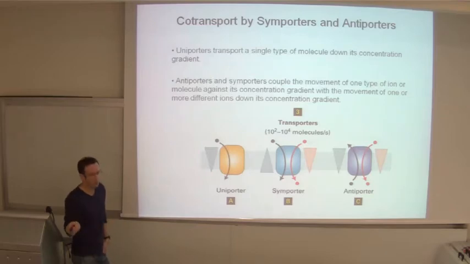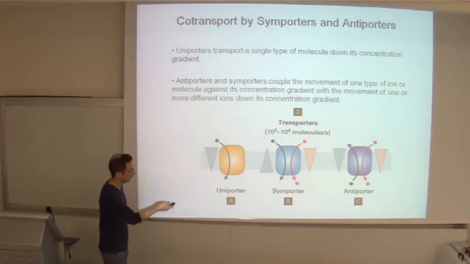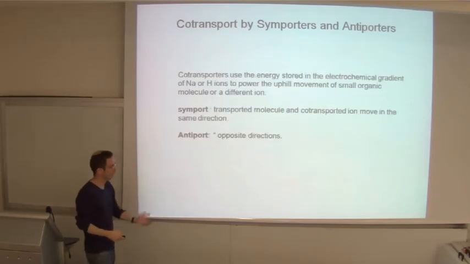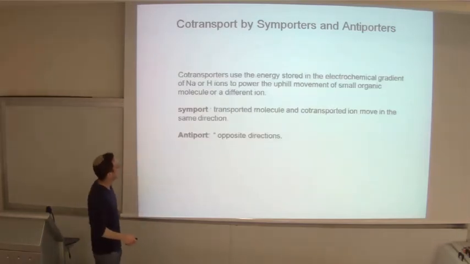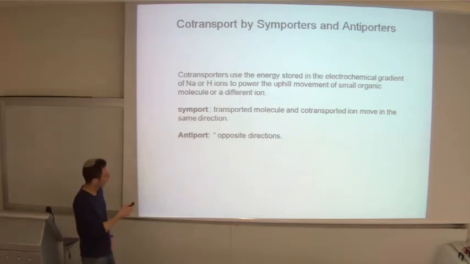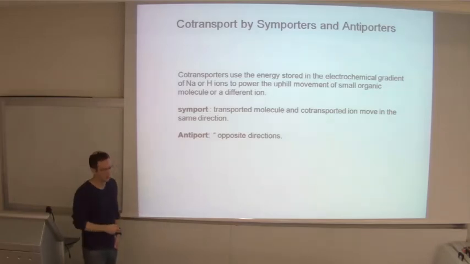Okay, so if the ATP pumps use chemical energy, here we see energy that's stored in the chemical gradient of ions to drive the process. Okay, this is what we've already stated. Symporters transport molecules and ions, the one that moves uphill and the one that moves downhill, in the same direction, and antiporters do it in opposite directions.